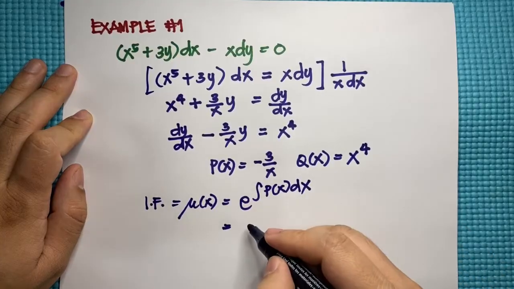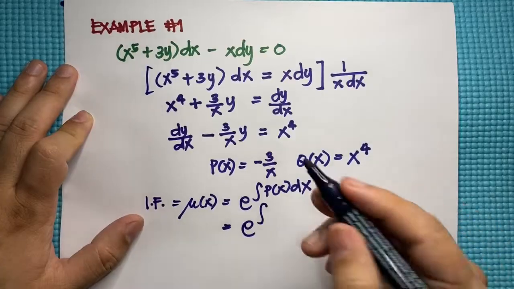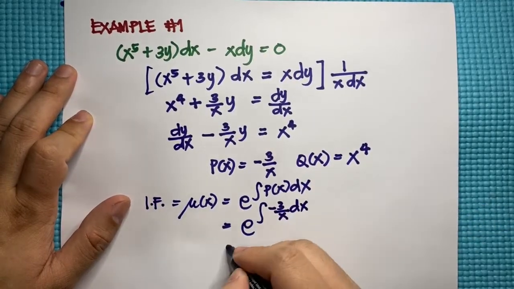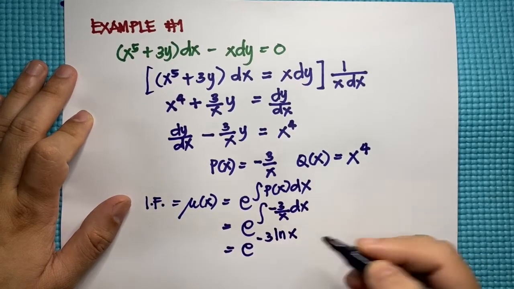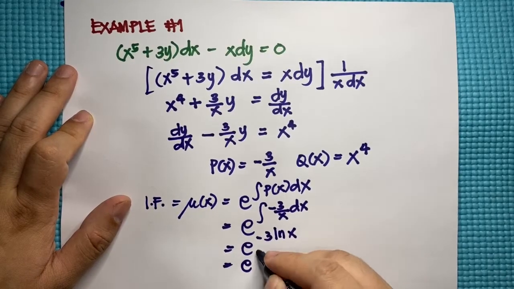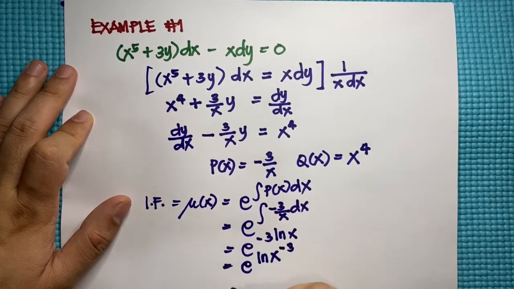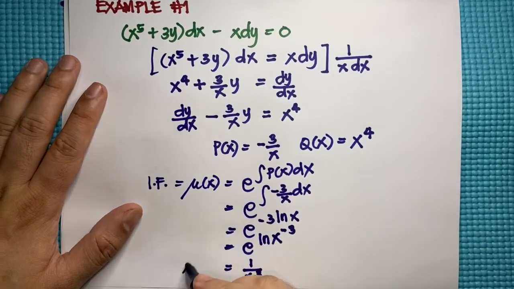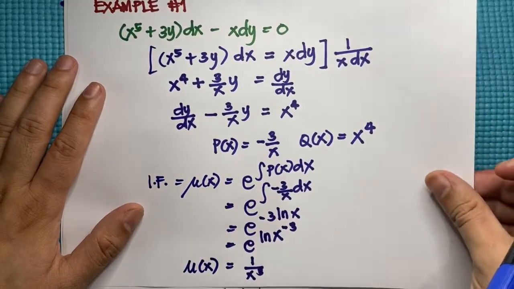So giving us e raised to the integral of negative 3 over x dx, or e raised to negative 3 ln x, or e raised to ln x raised to negative 3, or simply 1 over x cubed. So our mu of x, or the integrating factor, would be 1 over x cubed.